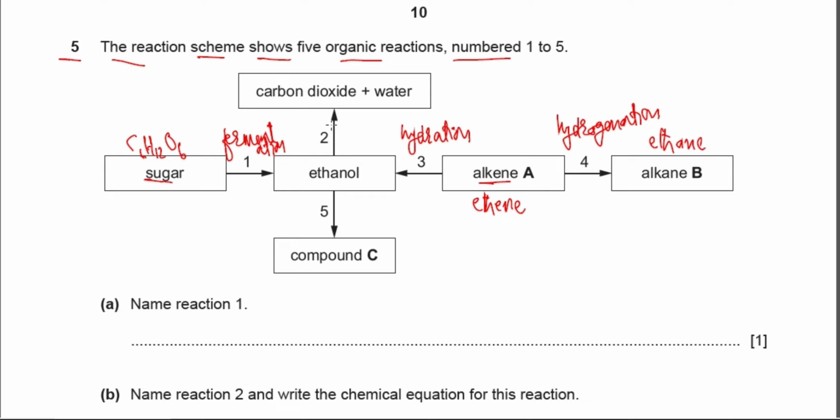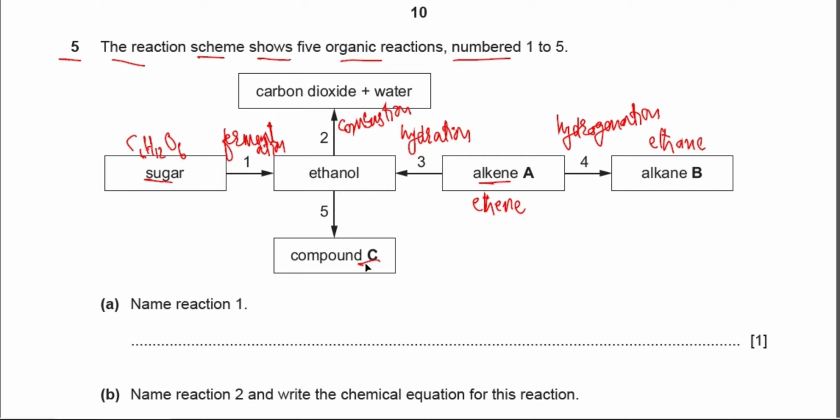Then in reaction 2 you can see from ethanol we are getting carbon dioxide and water, so actually this is combustion. When we combust ethanol in the presence of oxygen, we get carbon dioxide, water and heat. Then from ethanol, by reaction 5, we are getting compound C. There are multiple ways, so we focus on the instructions given by the examiner.